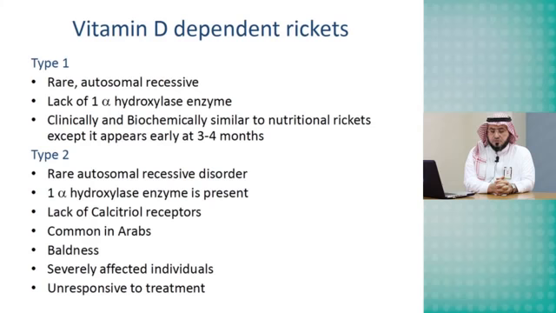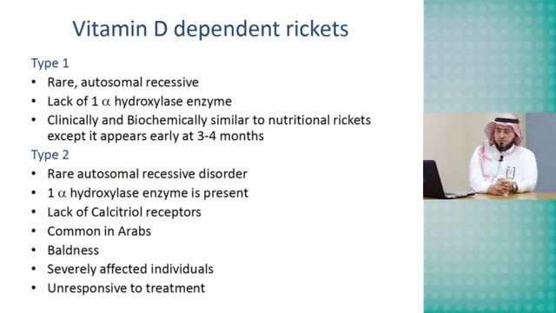Type 1 and type 2 are both autosomal recessive disorders. Type 1 is a congenital lack of 1-alpha hydroxylase enzyme, and the usual presentation is early clinical and biochemical rickets. To differentiate inherited from non-inherited rickets, inherited rickets usually happens in the first 6 months of life, while non-inherited rickets usually happens after 6 months of life.